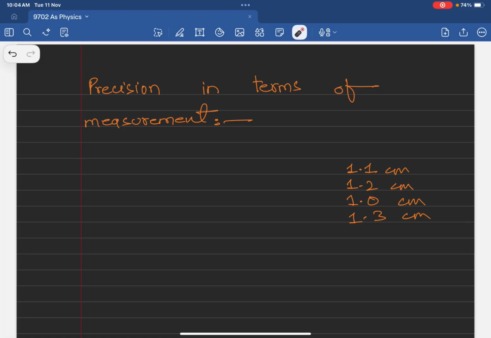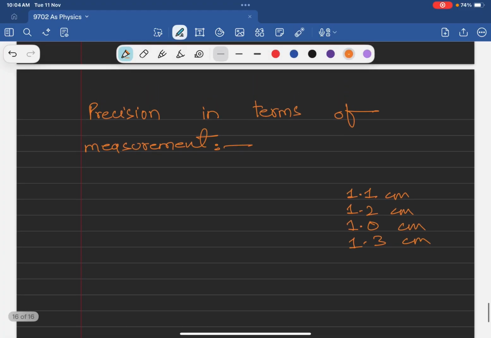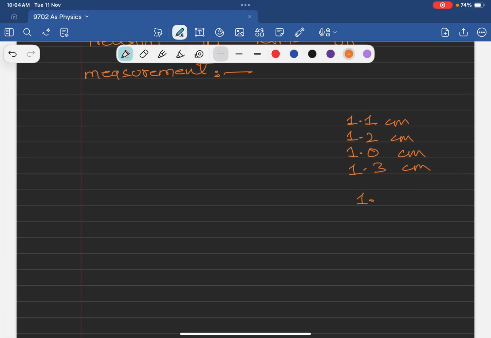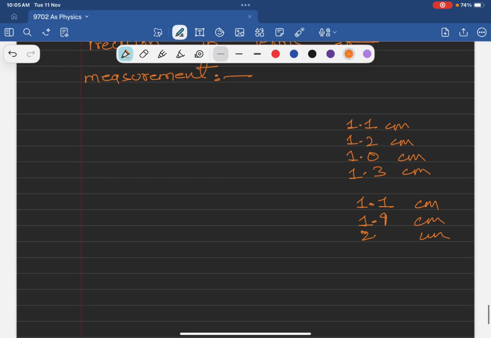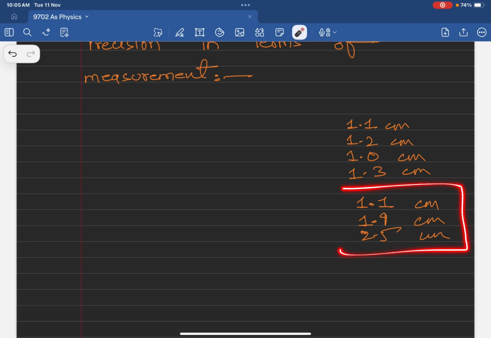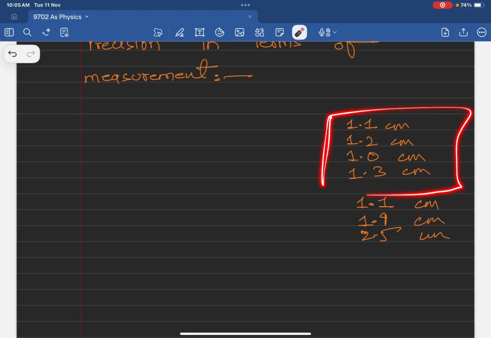They are not like one is 1.1, one is 1.9, another is 2.2 centimeter. Let's say take this as 2.5 centimeters. So you see here, these readings are not close to each other. They are far away from each other. But the first set of readings, they are close to each other.